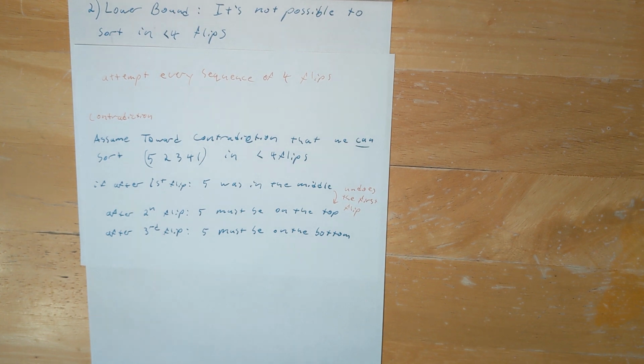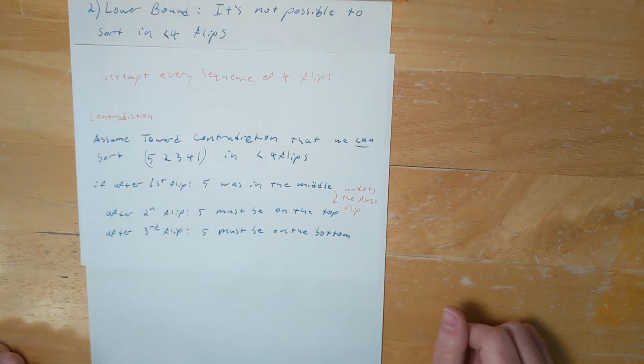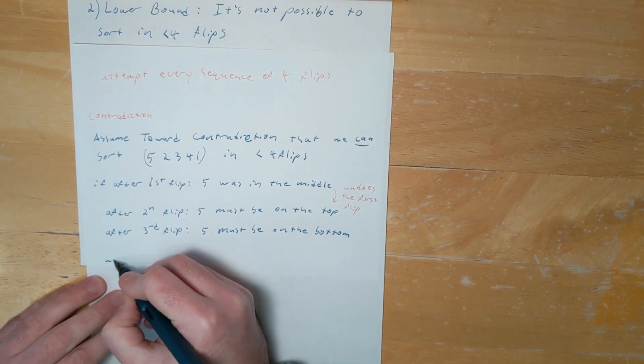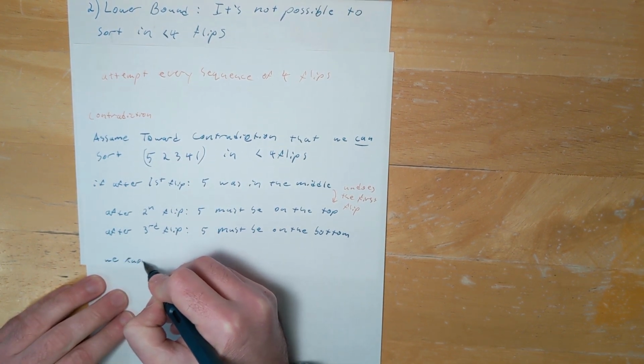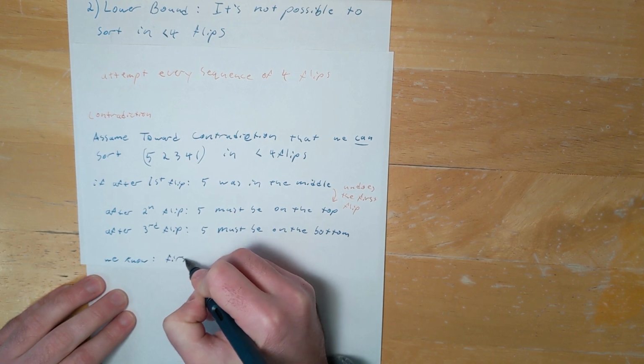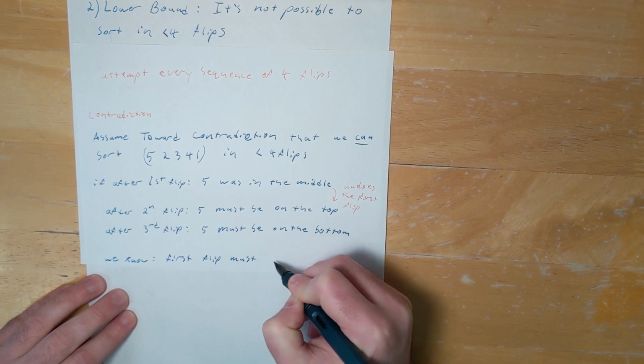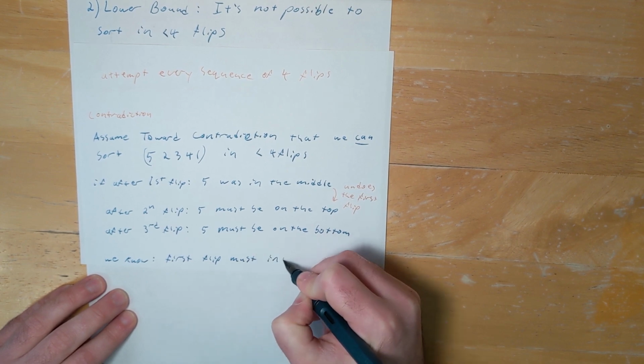So now our first conclusion: if we can sort this stack of pancakes in fewer than 4 flips, then we know that the first flip must invert the whole stack.